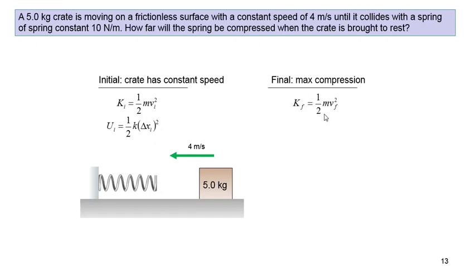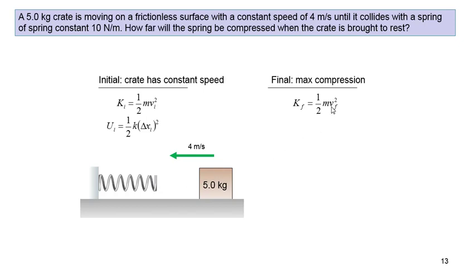At maximum compression, my kinetic energy is 1/2 m v final squared. When the spring is compressed the most it's ever going to be compressed, how fast is the mass traveling? It's at rest, because right at maximum compression the mass comes to rest momentarily, and then it's going to shoot back to the right.